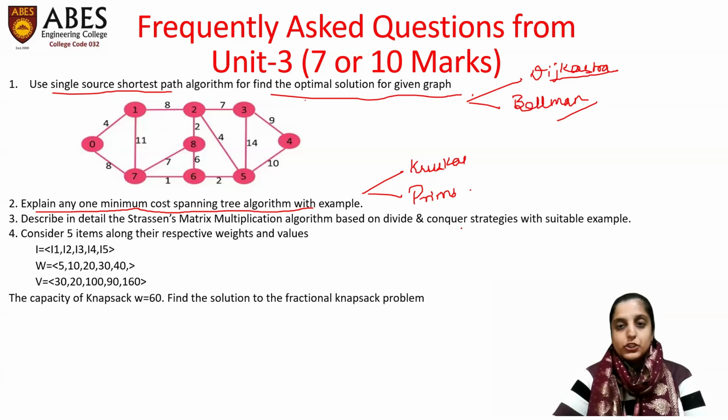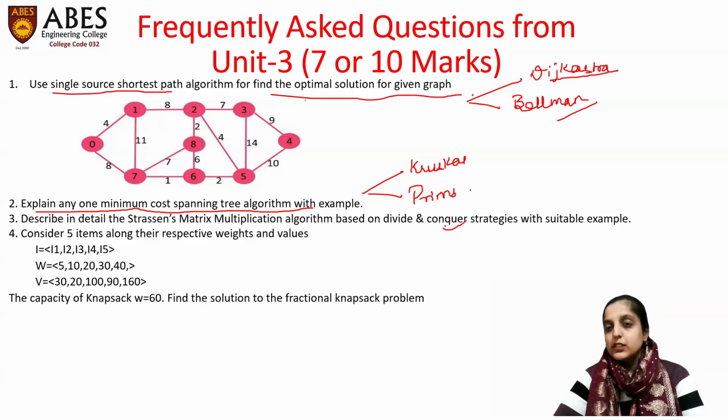Now, the next question is: describe in detail Strassen's matrix multiplication algorithm based on divide and conquer strategy with suitable example. Here, just take one simple example of a 2 cross 2 matrix. Don't go for 4 cross 4.